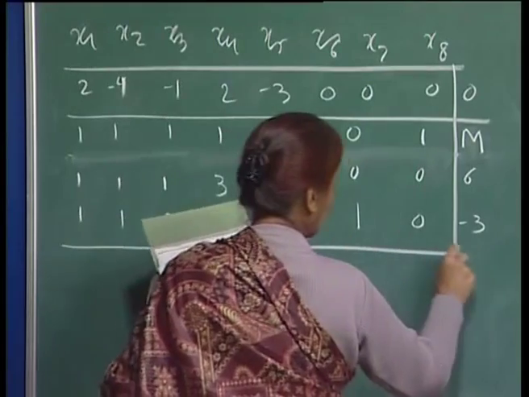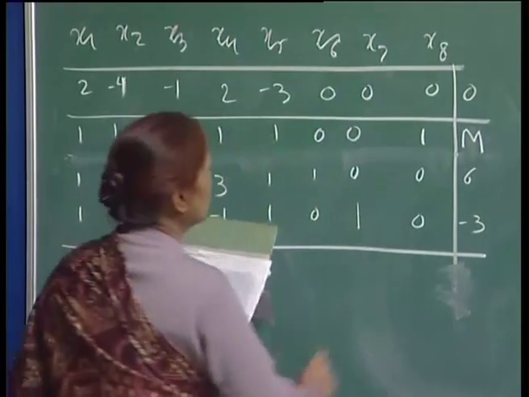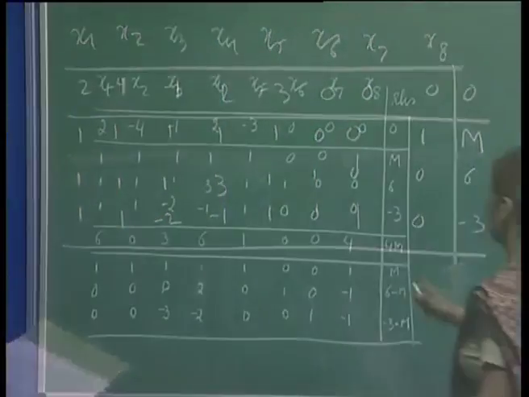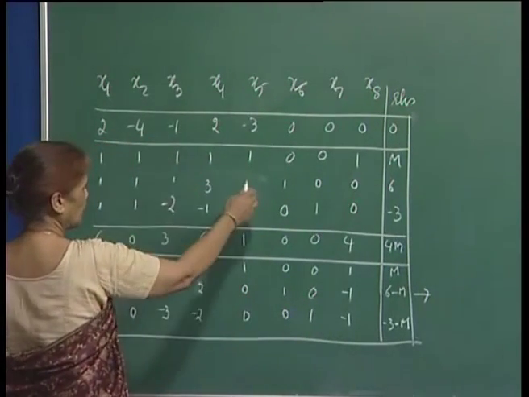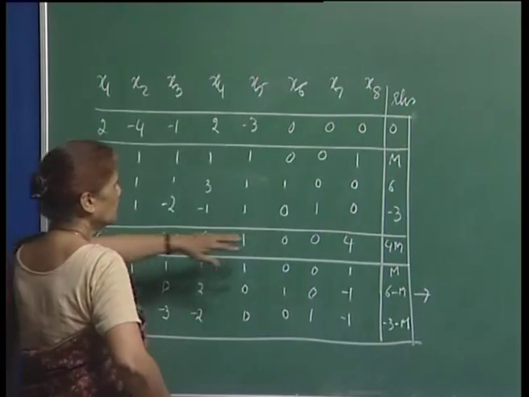So, right now the basis is neither primal feasible nor dual feasible. In the first iteration we look for the most negative, because I am doing the dual simplex algorithm.